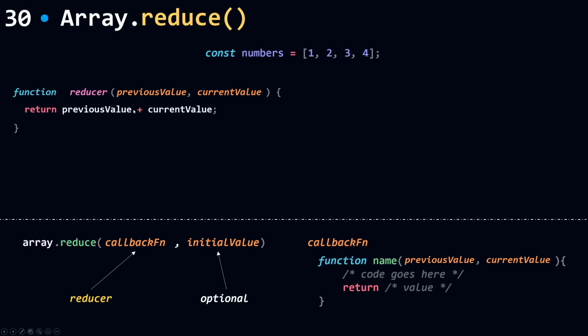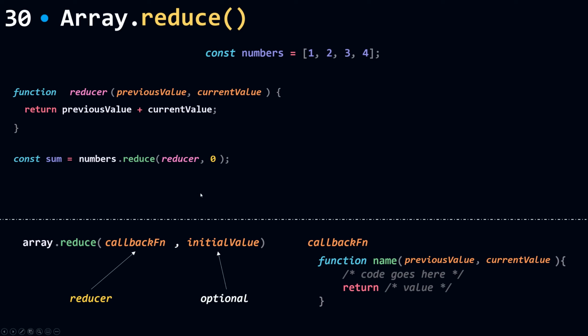Then I'm going to create a const called sum, and then I'm going to call reduce on my numbers array here. So I'm going to pass the reducer function to my reduce method, and then an initial value here, which is optional, but we're going to see an example where I pass an initial value, and in the next example we're going to see when I don't pass an initial value to the reduce method.